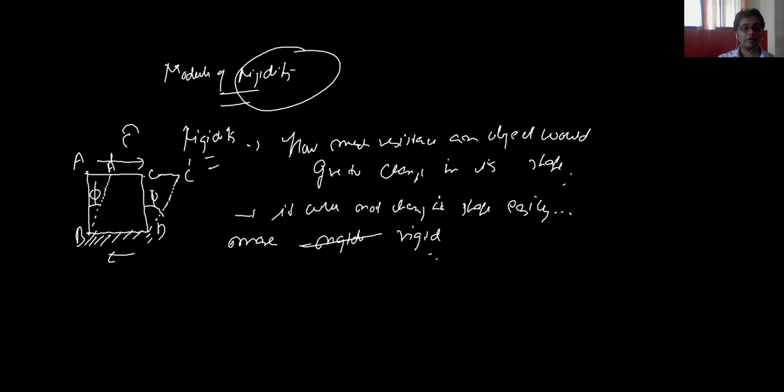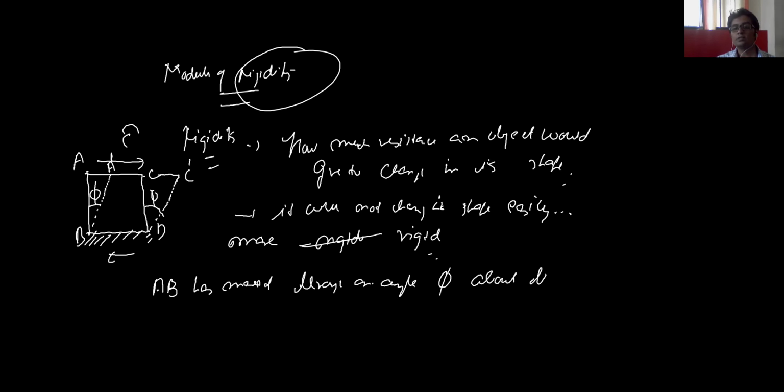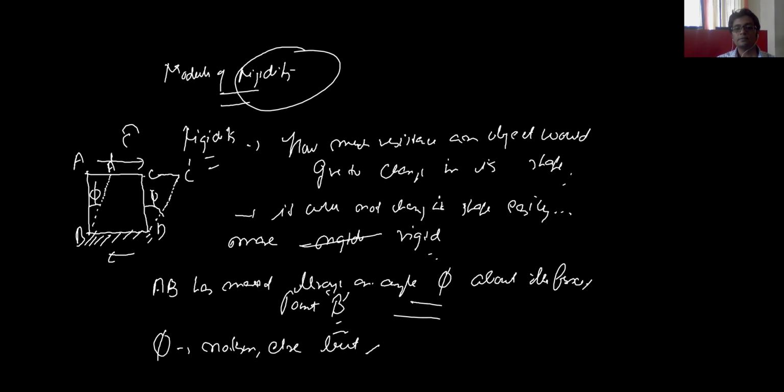It means that AB has moved through an angle phi about the fixed point B. This phi is nothing else but the shear strain.